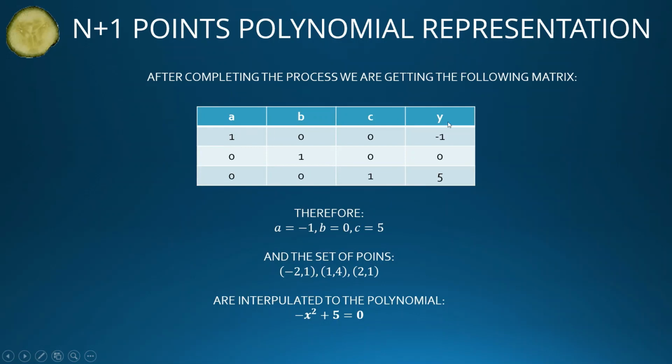Great. So we now received a reduced matrix, and for instance a equals -1, b equals 0, and c equals 5. And the set of points (-2, 1), (1, 4), (2, 1) is interpolated to the polynomial -x² + 5.